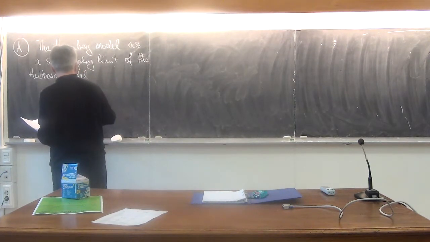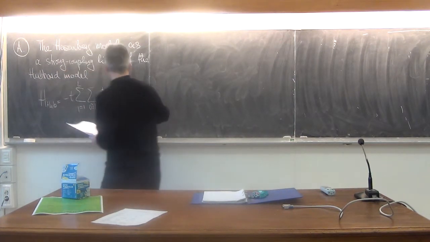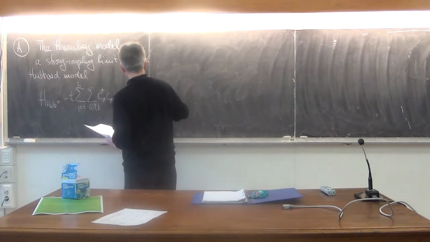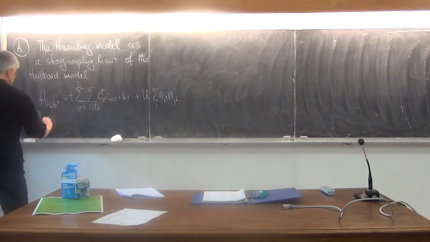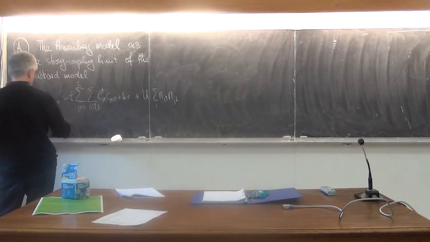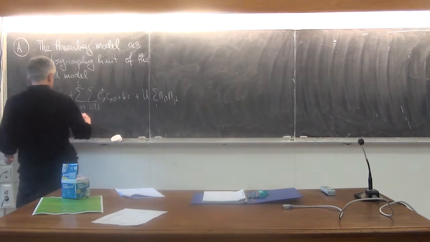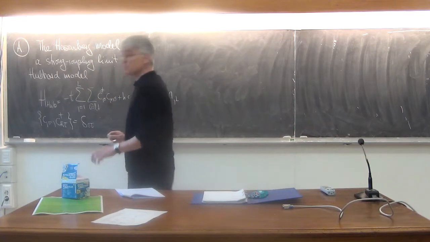So I consider this tight binding model of electrons, just a single band, the sum over j, sigma of c_{j+1,sigma} dagger c_{j,sigma} plus its Hermitian conjugate, and then I have an interaction term. What are these? These c_j's are two species of fermions, electrons. They carry spin up or spin down, as electrons do quite often, and we describe them by these canonical Fermi operators.